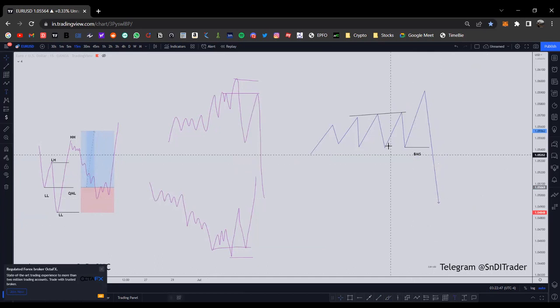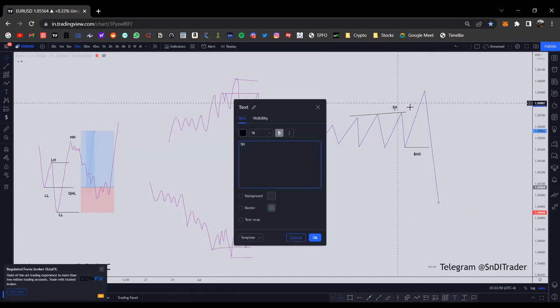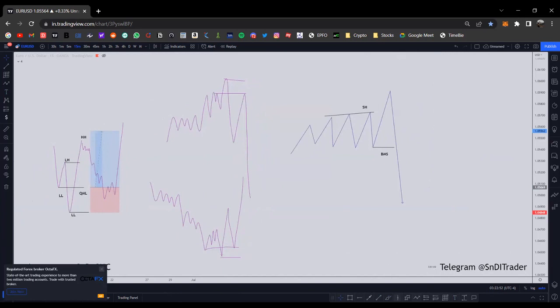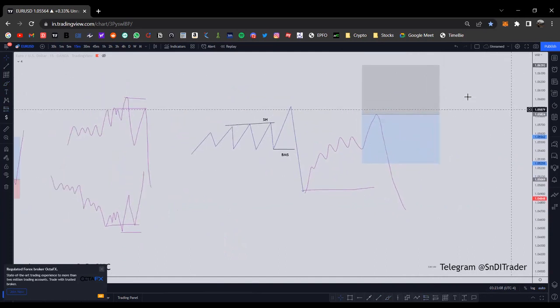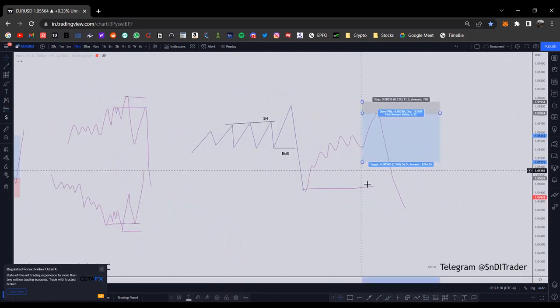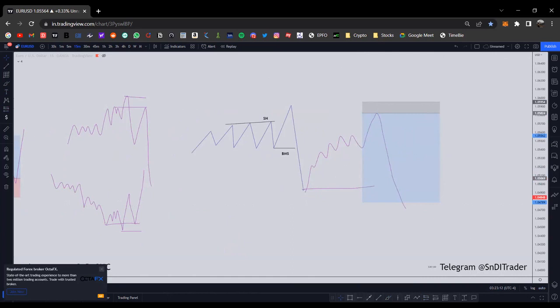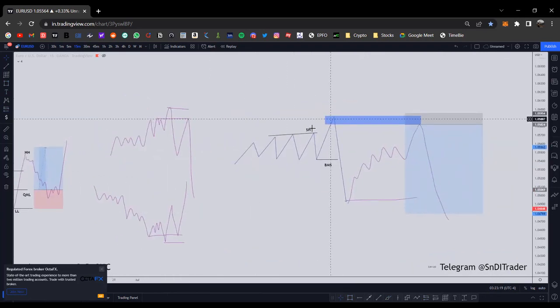So we have a stop hunt towards the upside and BMS towards the downside, and we will look for entry around this higher high, targeting these lows. So we will enter around here by targeting the lows. Okay, so that is how these things work, and the stop loss just above the previous higher high.